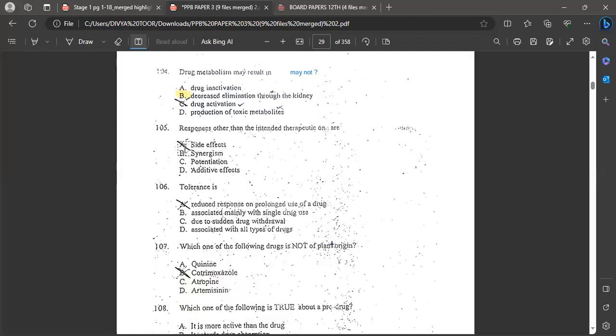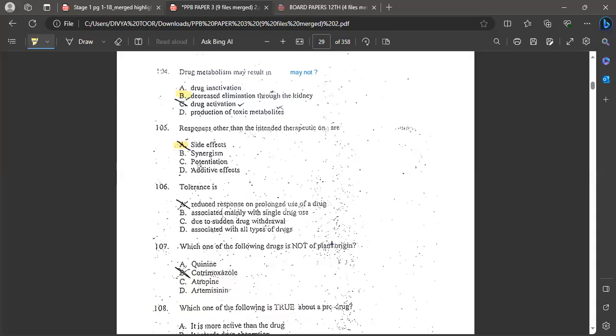Yes, side effects, right? Yeah. Okay, so tolerance is reduced response on prolonged use of a drug, associated mainly with single drug use, due to sudden drug withdrawal, associated with all types of drugs. I think that is a reduced response.